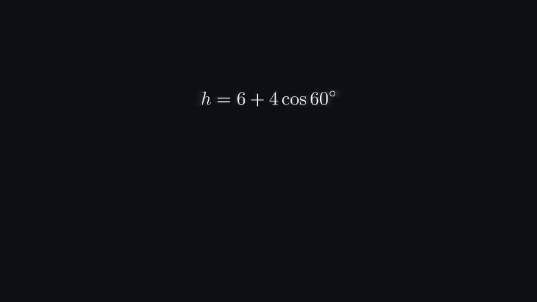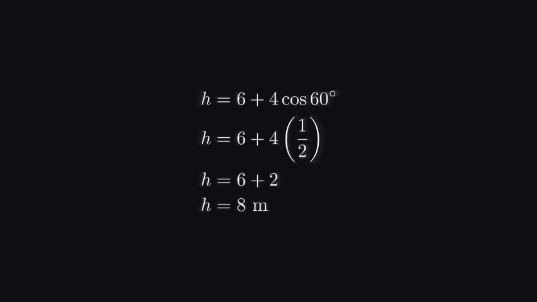h equals 6 plus 4 cos of 60 degrees. h equals 6 plus 4 times 1 over 2. h equals 6 plus 2. h equals 8 meters.